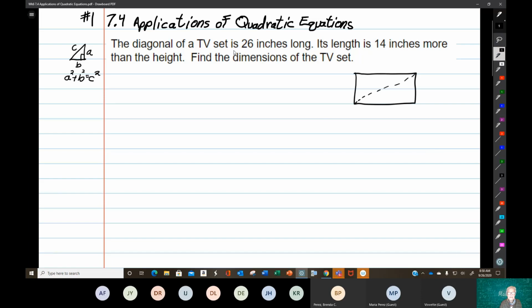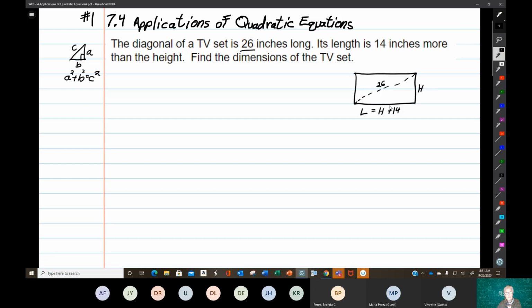The diagonal of a TV set is 26 inches long. The length is 14 inches more than the height. And here's the height.